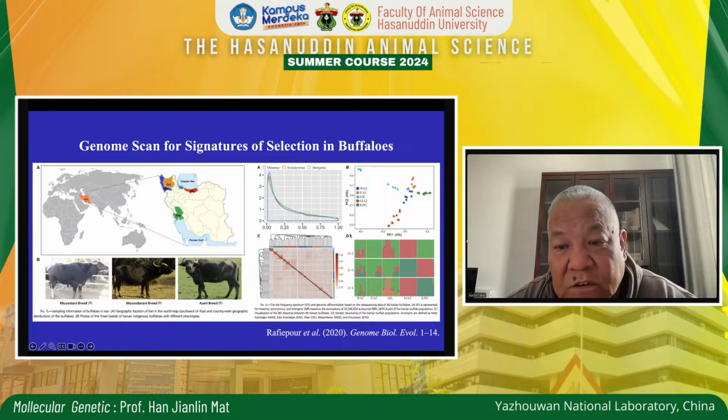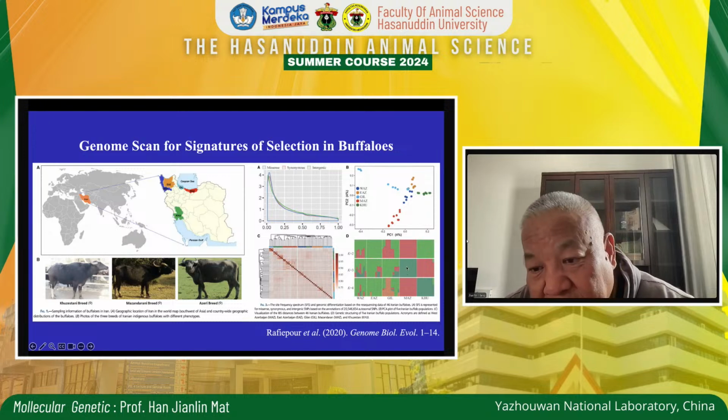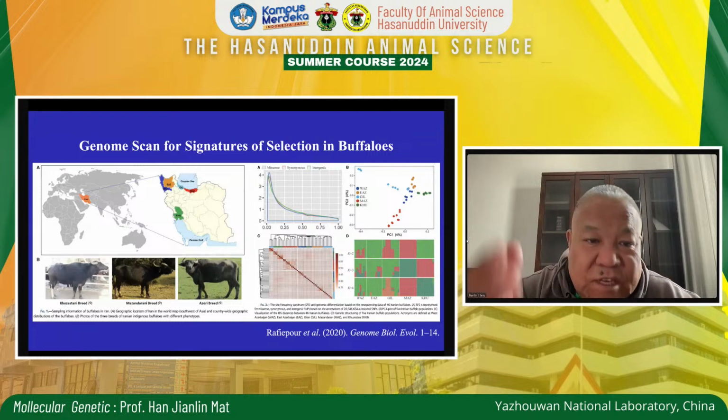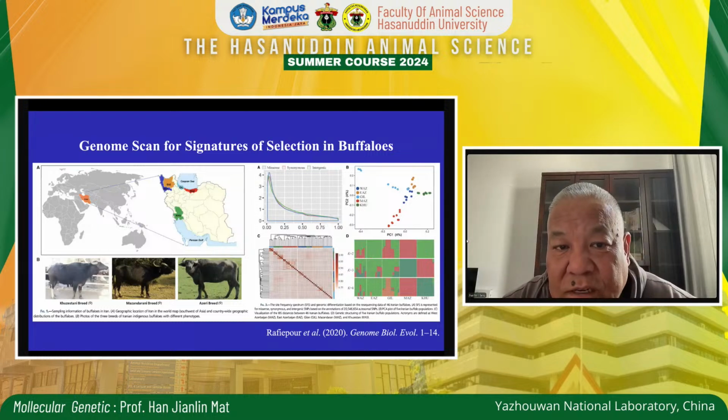We do the genomic sequencing, we build a phylogeny, we do the principal component analysis to differentiate one population from the other. At the end, it seems the Iranian buffaloes, although they have 4 or 5 local breeds, can be classified into 2 genetic groups.